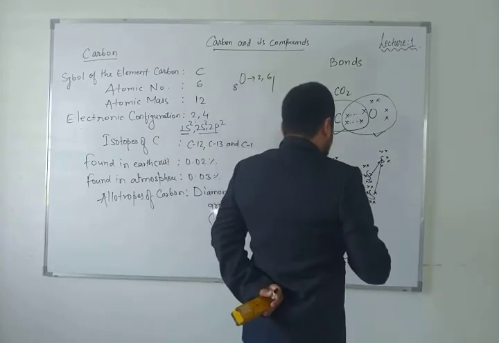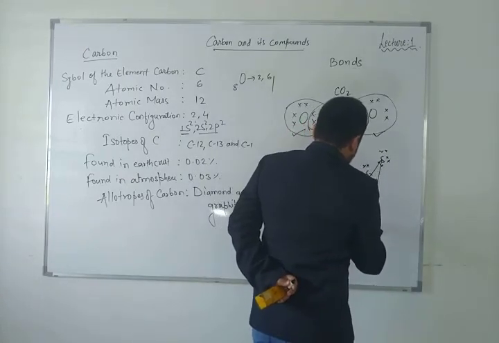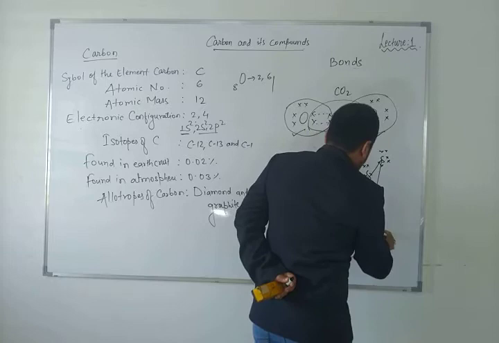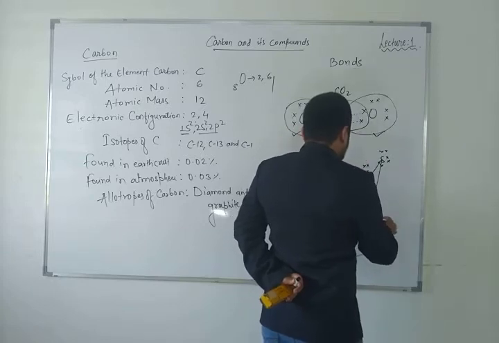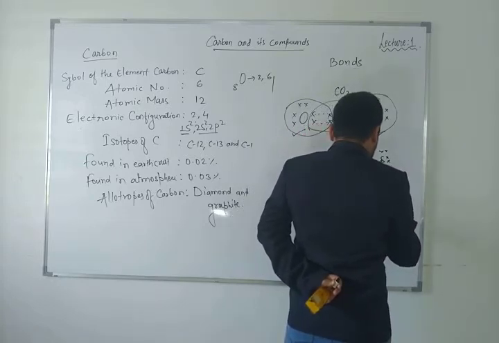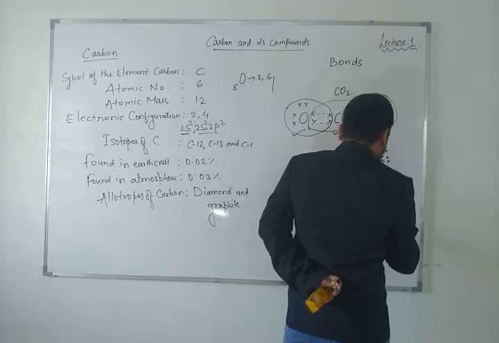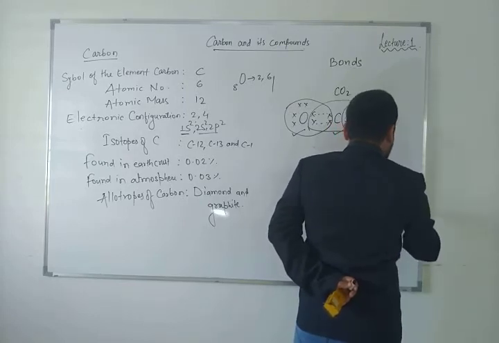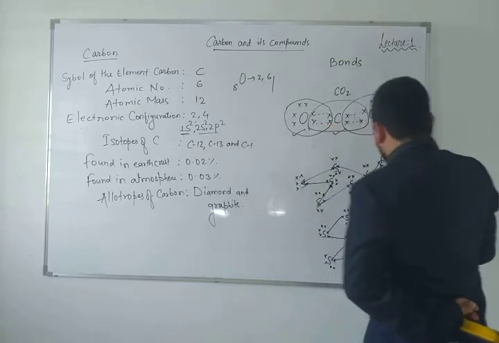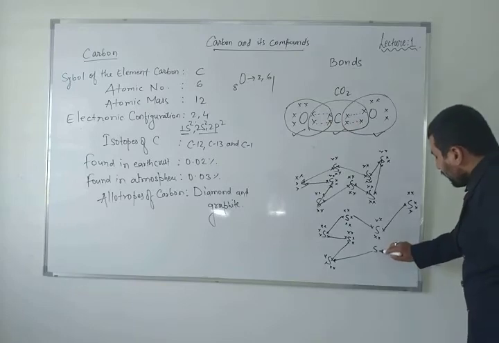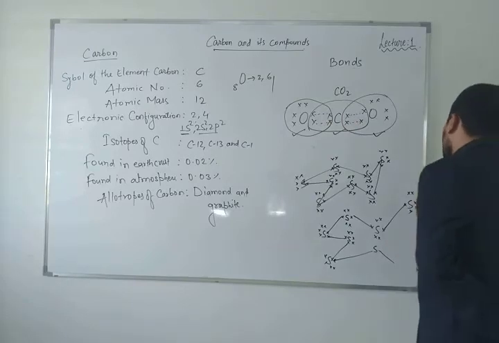Now here again, this sulfur atom and this sulfur atom: 1, 2, 3, 4, 5 and 6. This sulfur atom with this sulfur atom: 1, 2, 3, 4, 5 and 6. Here it will go down and here this will become straight.